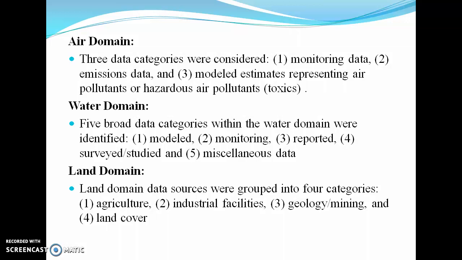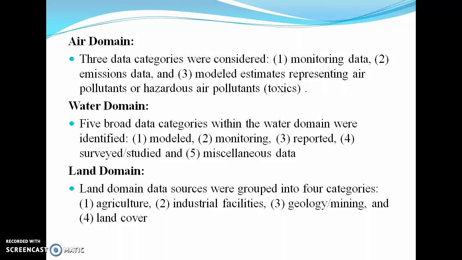So these are the various data sources for the air domain. Now for the water domain, let's see what the data sources are. First is modeled, second is monitoring, third is reported, fourth is surveyed or studied, and fifth is miscellaneous data. These are the data sources for the water domain.